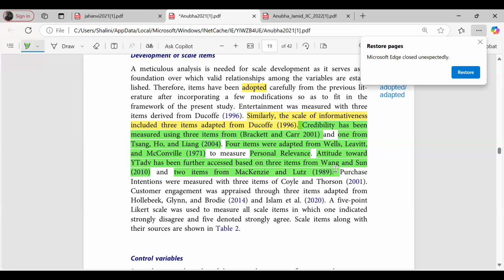Now, what you need to do is go to whatever items this author has taken. Otherwise, you will also go to the original scale. Original scale means, for example, the scale of informativeness includes three items adapted from Duke. So first you will see what kind of items have been adopted by this particular author. The author has already given the scale items along with the sources in table 2.